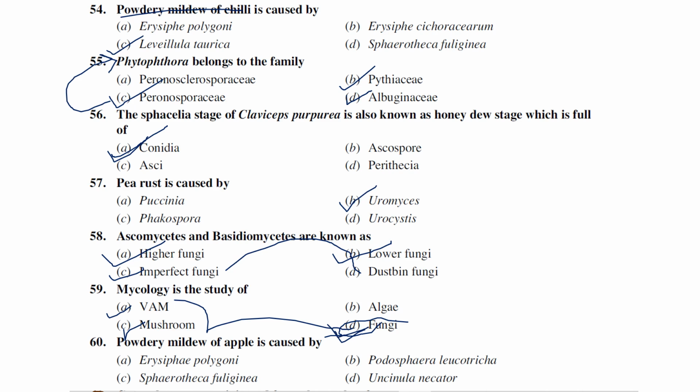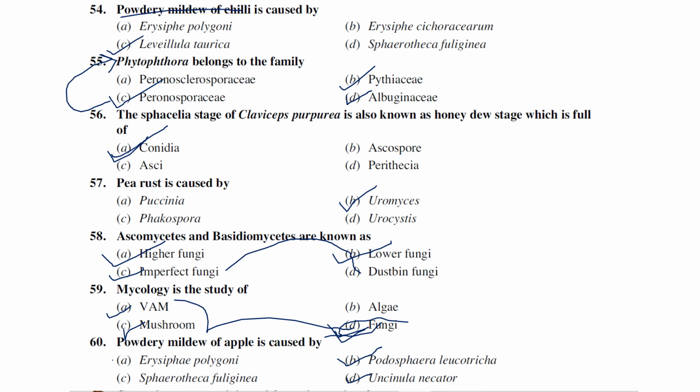Next, powdery mildew of apple is caused by Erysiphe polygoni, Podosphaera leucotricha, Sphaerotheca phaseoli, or Uncinula necator. Here they asked about apple. Apple powdery mildew is caused by Podosphaera leucotricha, and Uncinula necator causes grape powdery mildew.